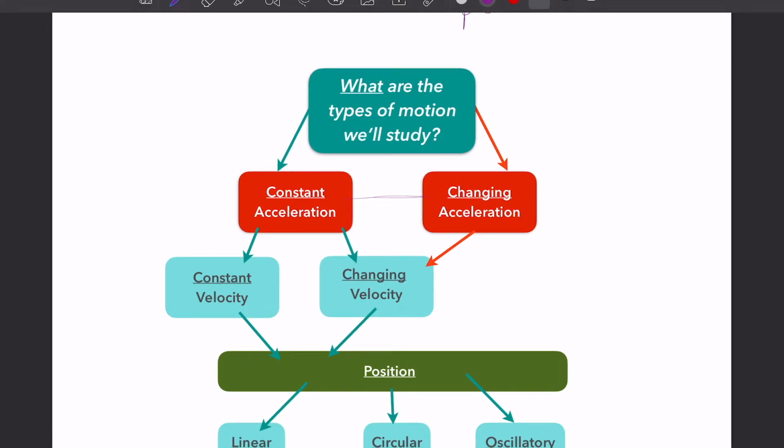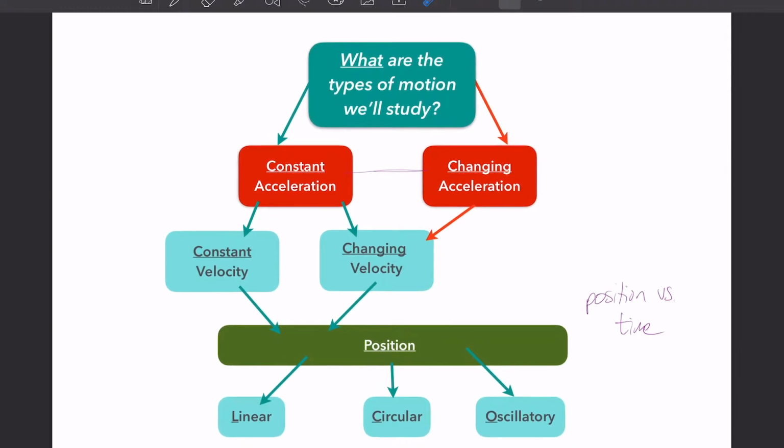How we ascertain the velocity and what's happening with the velocity is a study of the position of the body, how that position is changing over time. That is position versus time. That allows us to determine what happens with the velocity and therefore the acceleration.